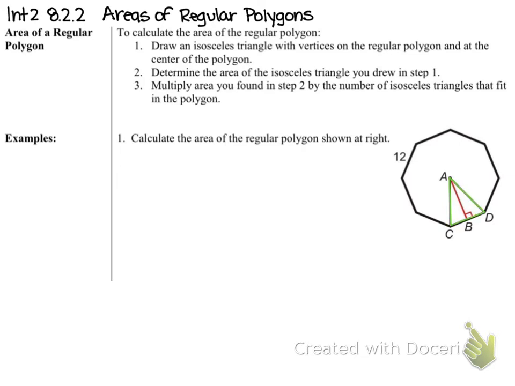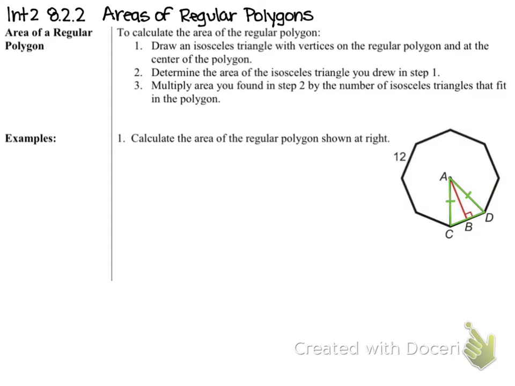I know it's isosceles because if A is the center, which it is, then the radius is from the center to a vertex. So I know this distance and this distance are going to be the exact same thing. So there's my isosceles green triangle with vertices on the regular polygon.